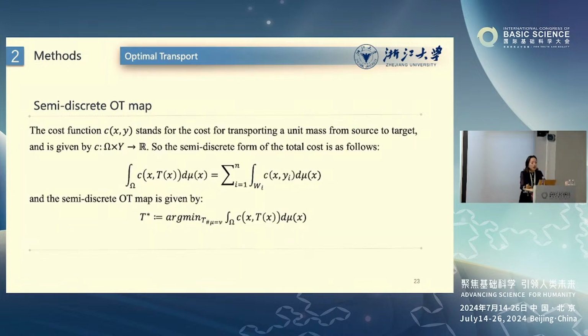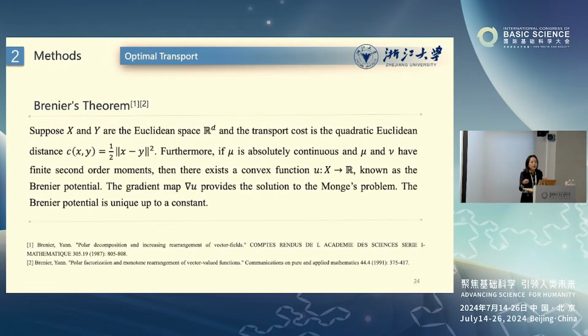So for the and the discrete form of and is given by this is not continuous, so we cannot calculate.